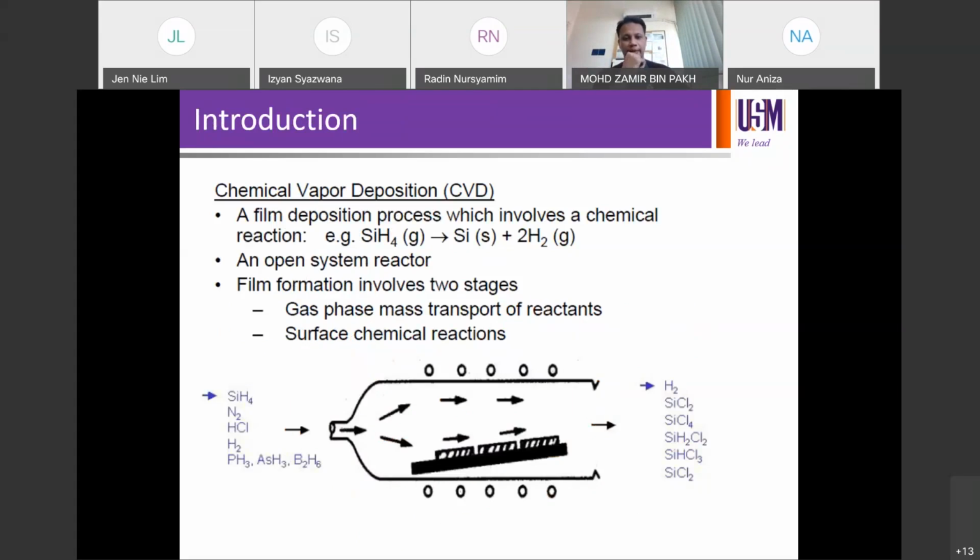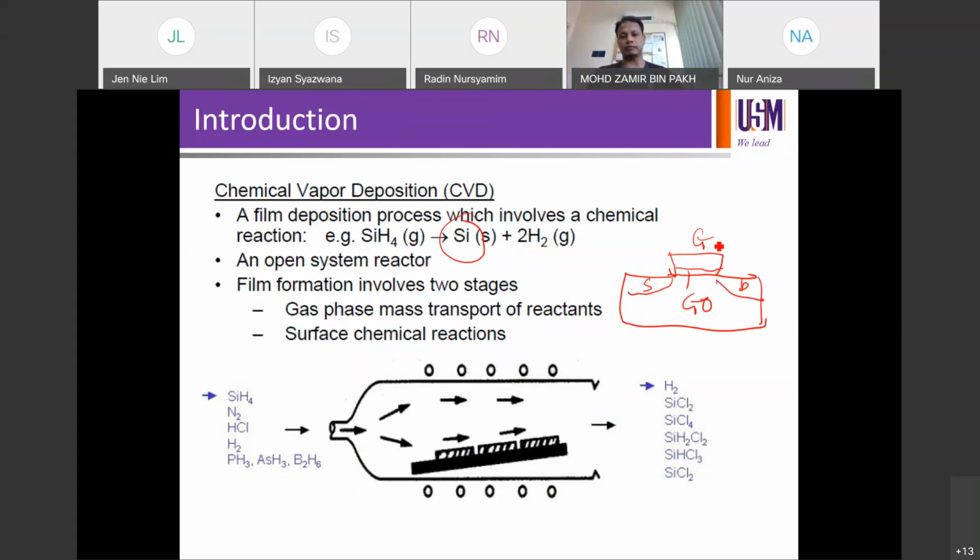For example, if you want to deposit a thin silicon layer, remember last time I talked about polysilicon deposition. If you want to relate this back to IC fabrication, take the MOSFET. You have gate, source, drain, and this is the gate oxide. I put it as GO, gate oxide.